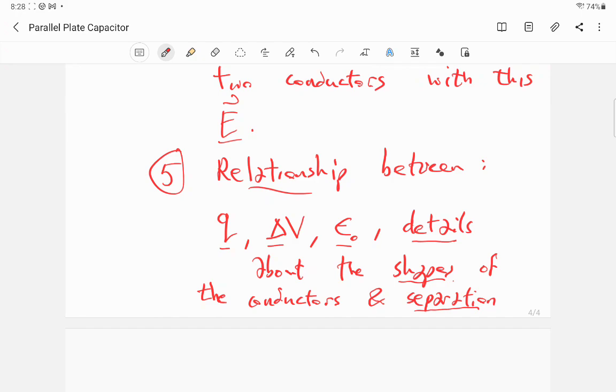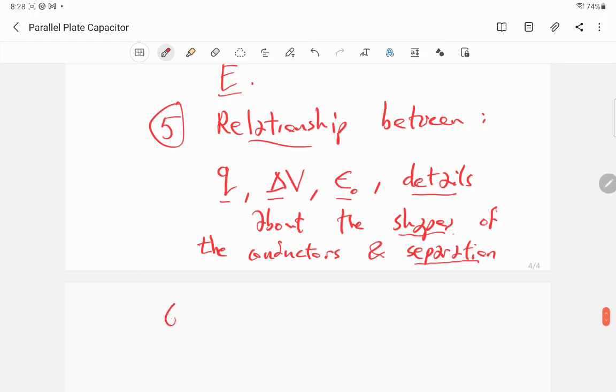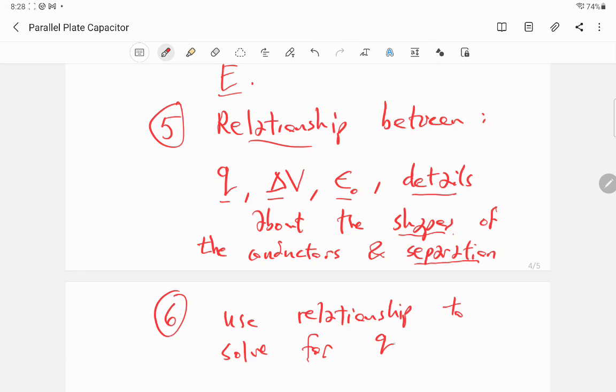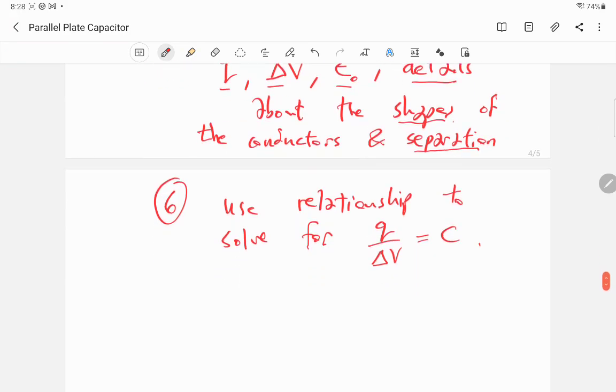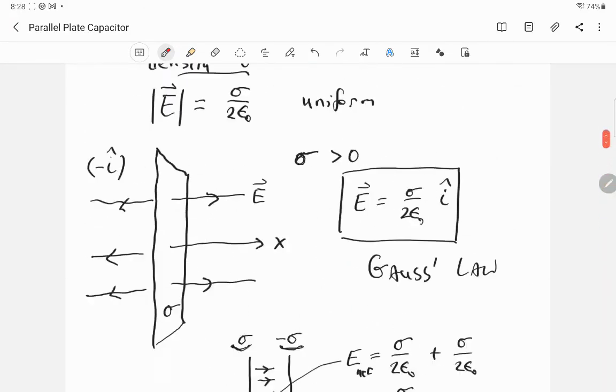For us, it turned out to be uniform. But anyways, once you have this relationship, use the relationship to solve for Q over delta V, which is called the capacitance. And that's it. Okay, so that's the capacitance.